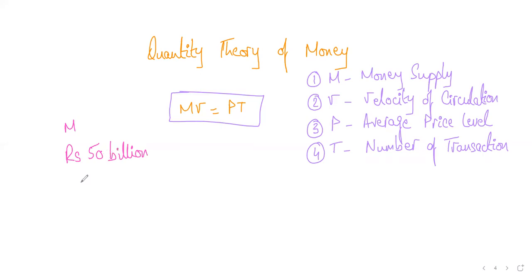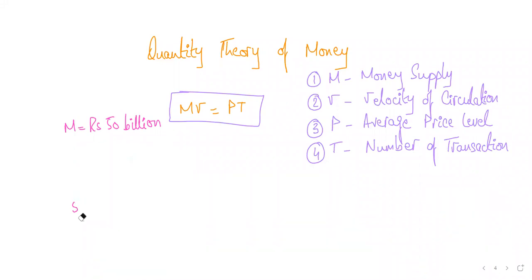That is Pakistan's M. Now, velocity of circulation, let's assume, is 5. So a typical note in Pakistan exchanges hands 5 times in a year. How many times in a year? 5 times in a year, right? Now, similarly, the price, let's say, let's write it down like this, right? So the total value of currency in circulation in Pakistan is 50 billion, right, students?